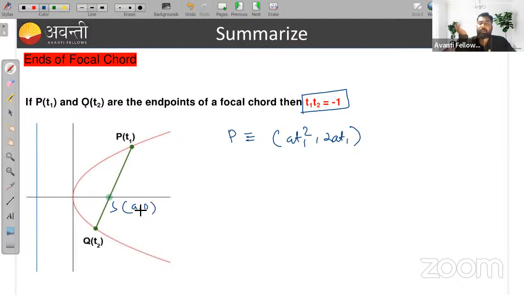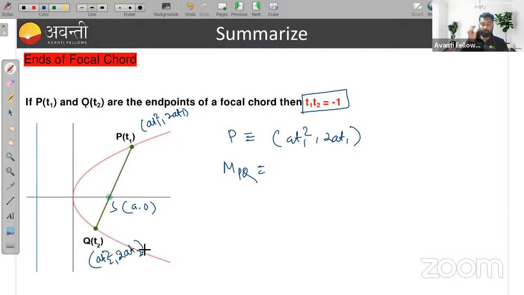Can you tell me what is the slope of PQ? How can you find the slope of PQ? If the parametric coordinates of P are (at1 square, 2at1), then similarly the parametric coordinates of point Q are (at2 square, 2at2).